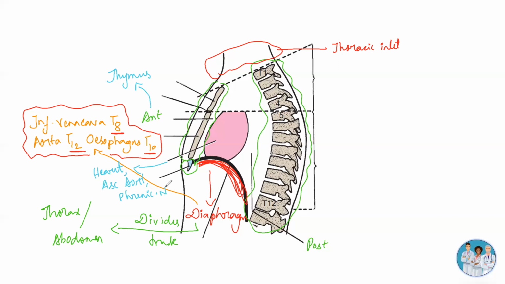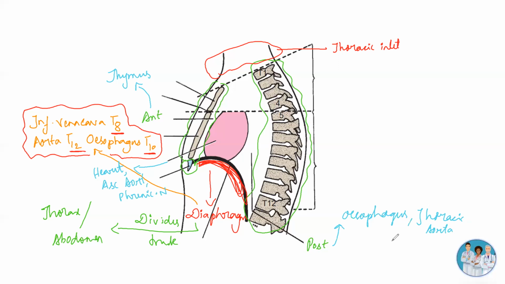There are many structures present in the respective mediastinum, and I'm naming some of the important ones. In the posterior mediastinum, it has the esophagus and mainly the thoracic aorta.